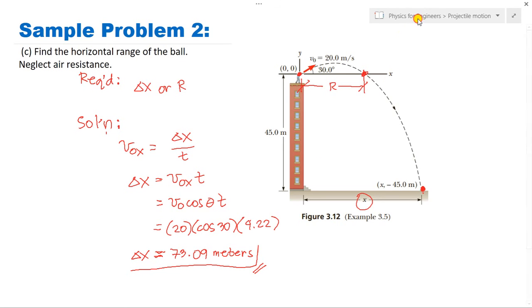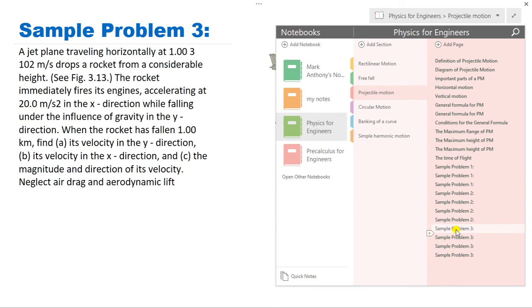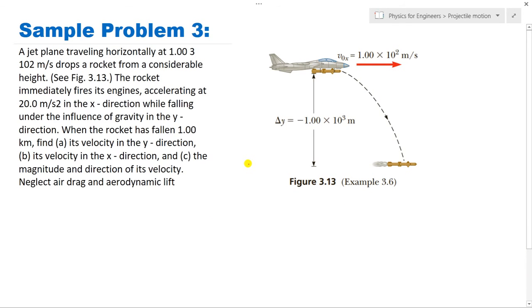So let's go to the third problem. Again, same pa rin yung sa first, yung about sa hiker, para ma-practice na kayo. So we have here a jet plane traveling horizontally at 102 meters per second that drops a rocket from a considerable height.